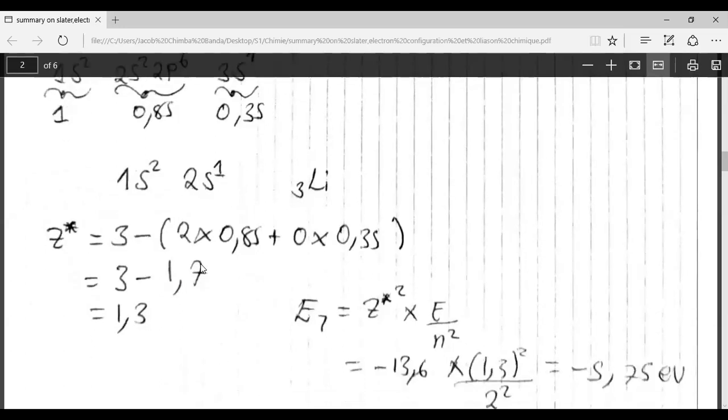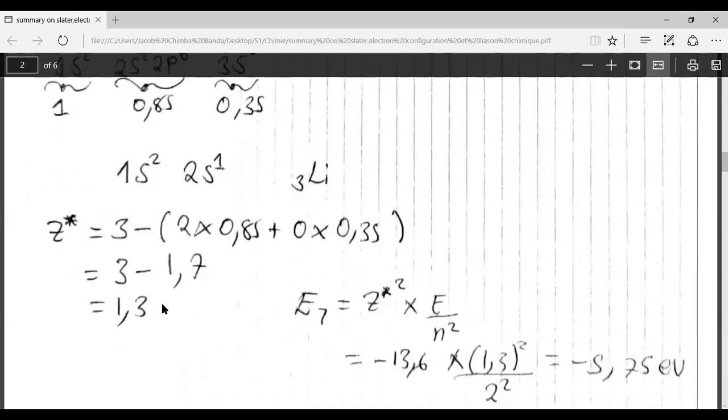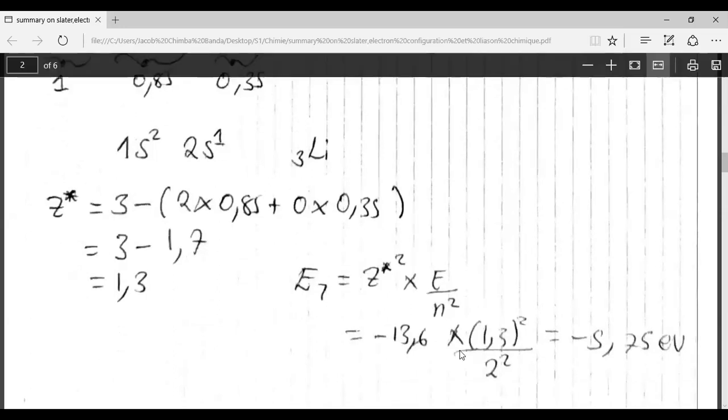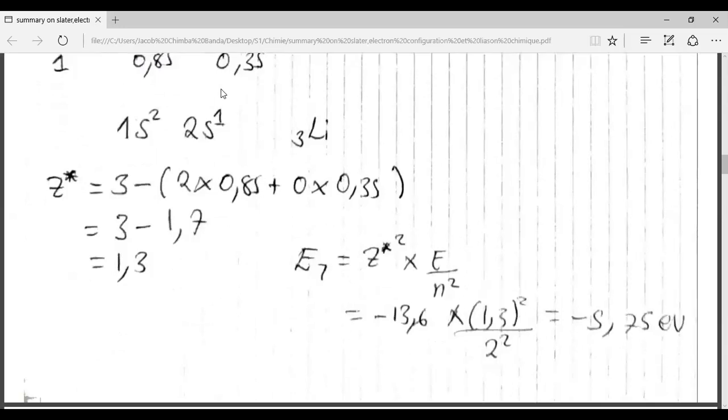When you multiply it, it will give you the energy: Z squared times negative 13.6 over n squared, which is negative 13.6 times 1.3 squared. It doesn't matter whether you have remained with 0 electrons here. What you should always notice is that this electron is not lost, it's just screened.